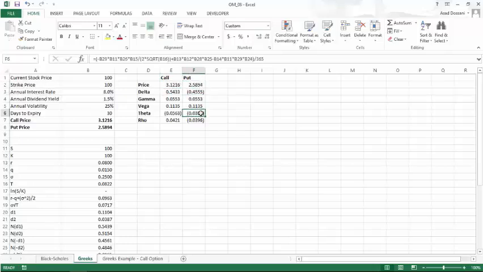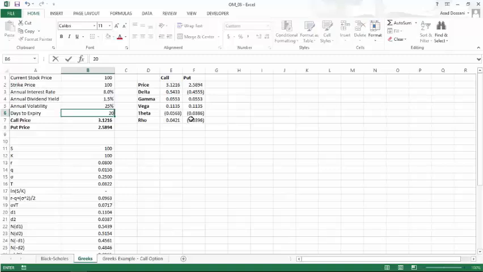Theta also increases as time to expiry gets near. So right now with 30 days to expiry, you can see the thetas are 0.056 and 0.038. If I make this 20, then this increases to 0.067, 0.049, and so on. If you get very close to expiry, say 5 days, then the theta becomes really high, right?